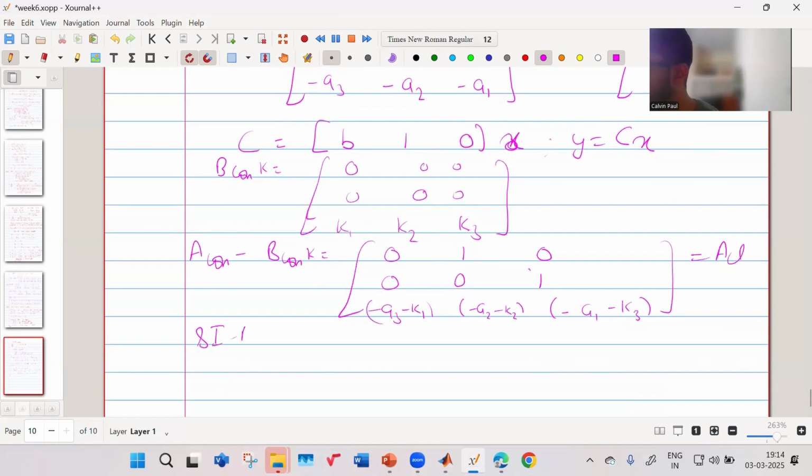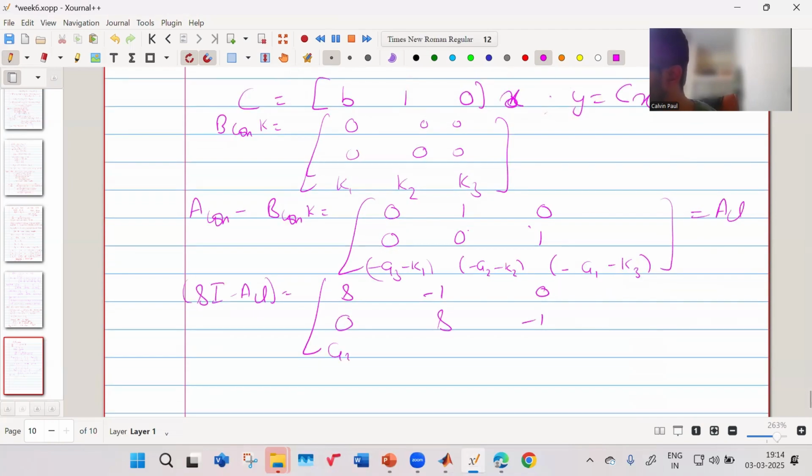And when you do sI minus A closed loop, it will be equal to s, minus 1, 0, 0, s, minus 1, a3 plus k1, a2 plus k2, and s plus a1 plus k3.